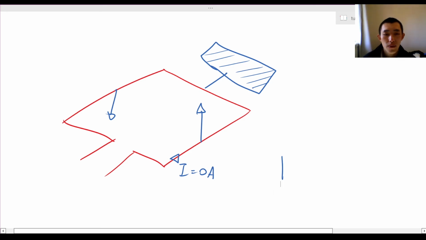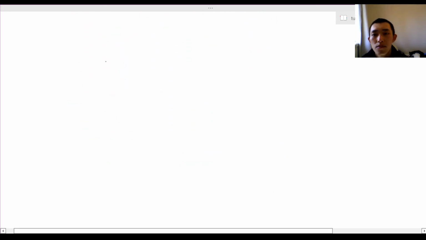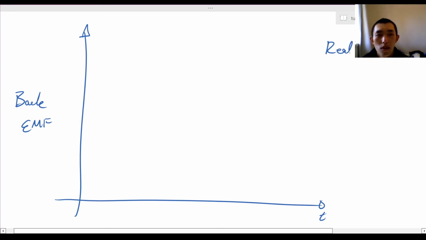And one final thing for today is I want you to graph, once again, back EMF over time. But this time in the real world, where there is energy loss.